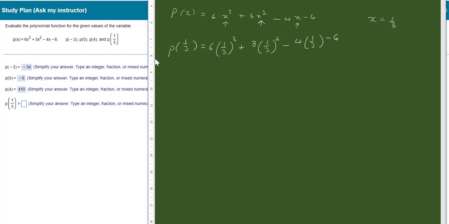Now, if you are using the calculator that is recommended at Camosun, the Sharp one, then you will find there is an ABC key on it, which will help you to enter fractions and mixed numbers to make your calculation easy.